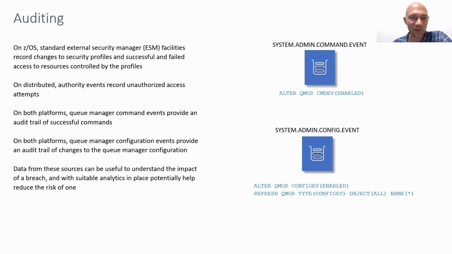So you have that information available if you have your queue manager set up to produce those events and you consume those events off the event queue where they are put. So you can use that information altogether to see what impact a breach has, maybe detect early on that a breach has happened or that even someone is attempting to breach your systems, if you have that data being collected and analytics in place to make sense of that data.